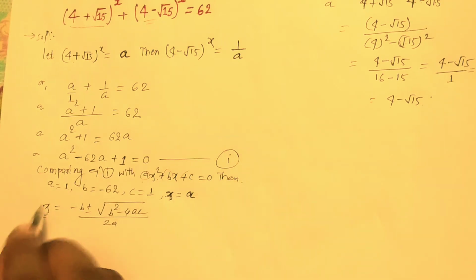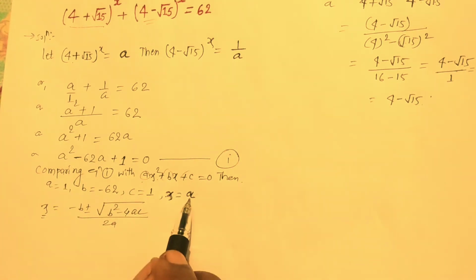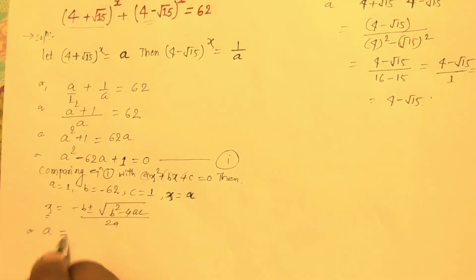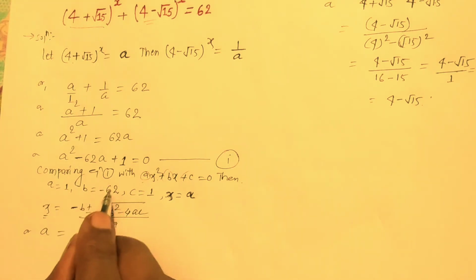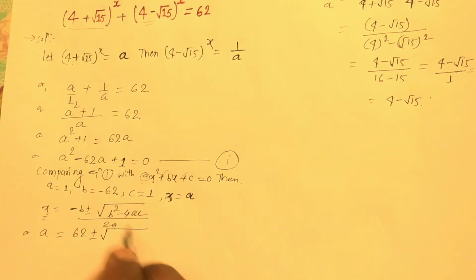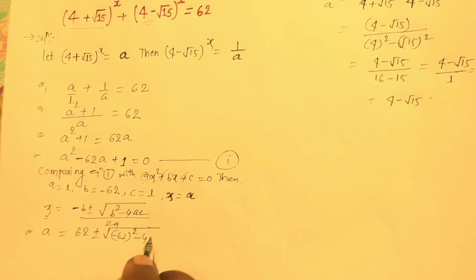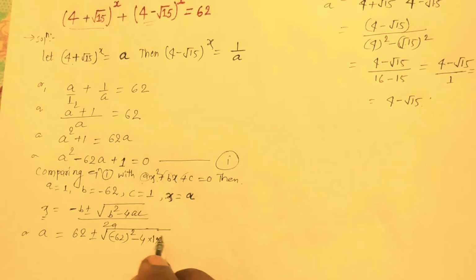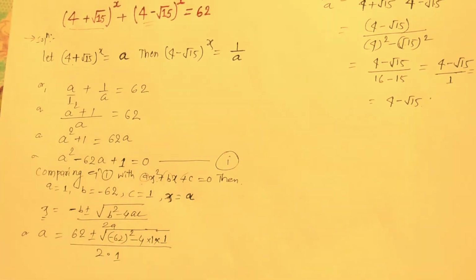Here the variable is a, so a = -b, and b already has a negative sign, so negative and negative become positive: 62 ± √((-62)² - 4 times 1 times 1) divided by 2 times 1.